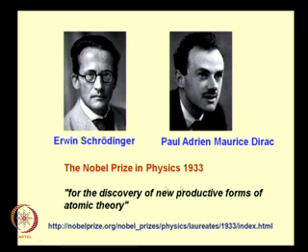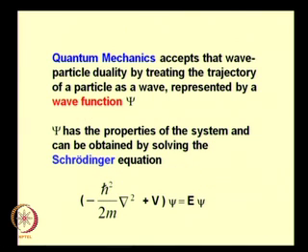They shared it for what is described as the discovery of new productive forms of atomic theory. Okay, so this is Erwin Schrodinger, and I must point out that what you see here is one version of the Schrodinger equation, called the time independent version.